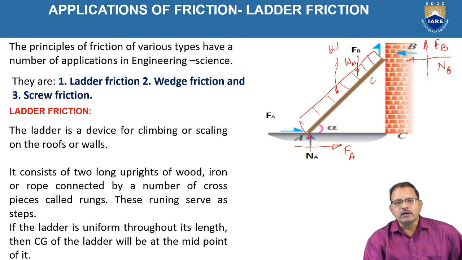Hence, when analyzing the forces, the equations sigma Fx equal to 0, sigma Fy equal to 0, and the moments created by these forces about any point equal to 0, according to the equilibrium conditions. By using these three equations, we can analyze the forces which are acting on a ladder.